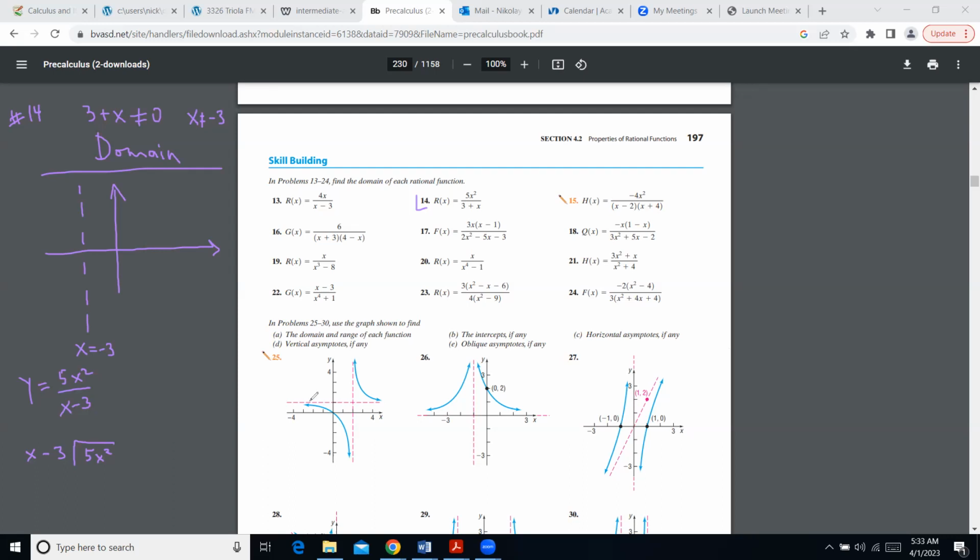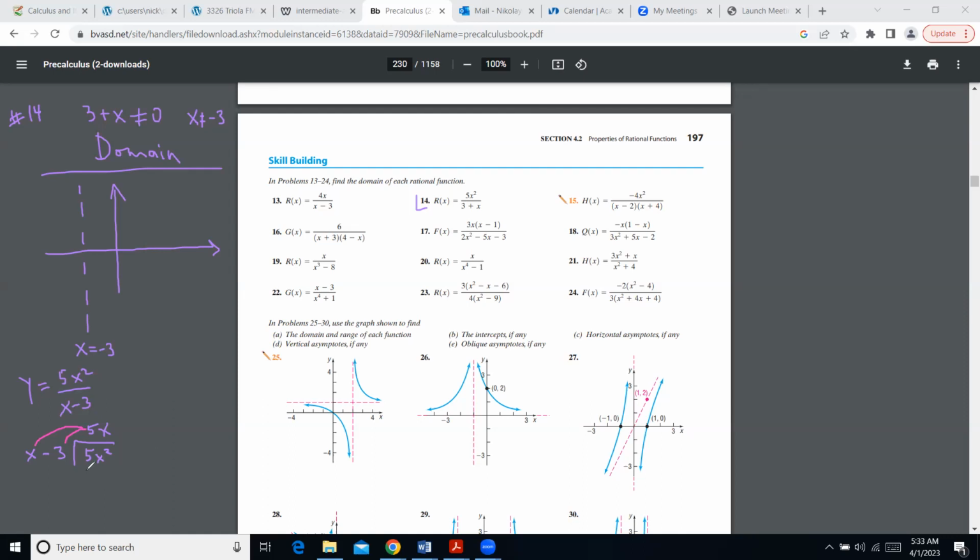So anyways, you divide x into 5x squared. So you go 5x times. This is a product of 5x and x, which is exactly 5x squared in the first place.